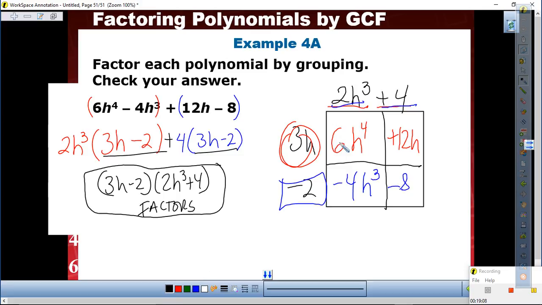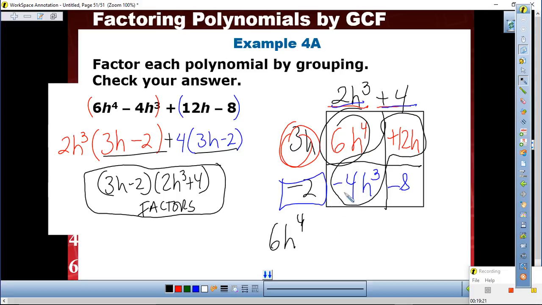So this is 6h to the 4th. I draw my peanut here. 12h minus... Oh, wait a minute. They're not common. My bad. So I bring this one down. Negative 4h cubed. This one is positive 12h minus 8.